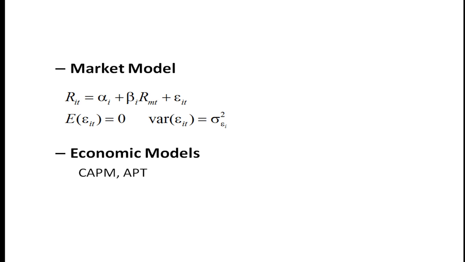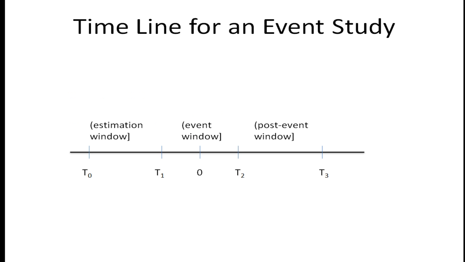Now, when we're trying to do an event study, it's good to look at a little graphical image. Time period 0 is our event. This is the date of the event, and it's not necessarily the same calendar date for each company.